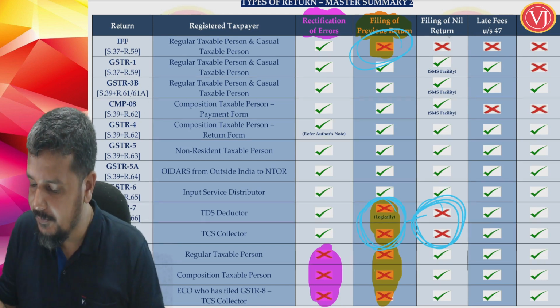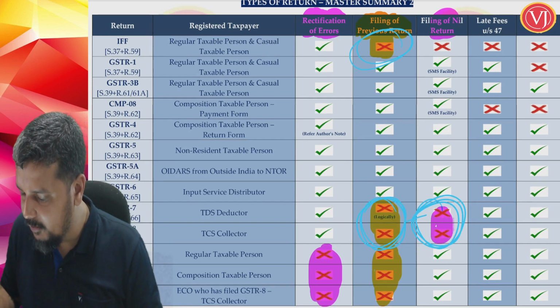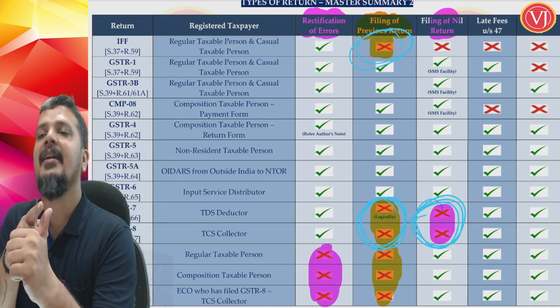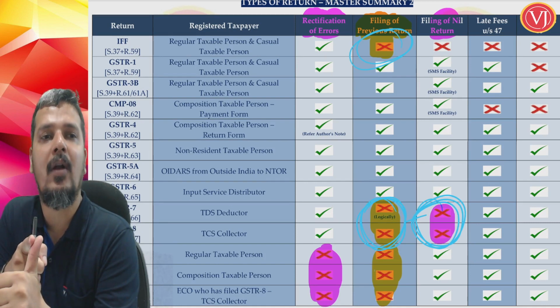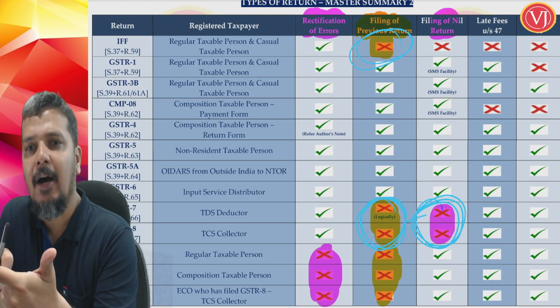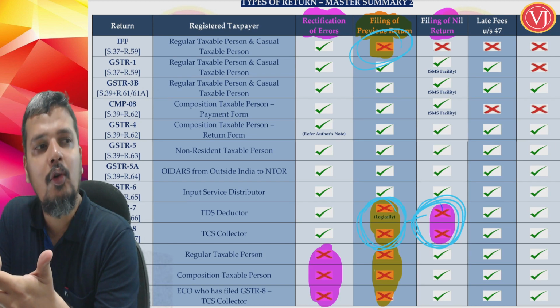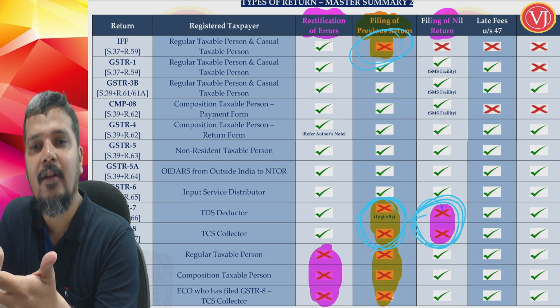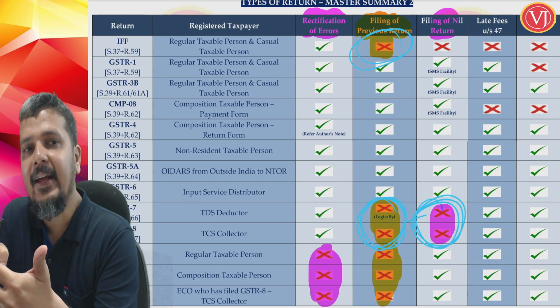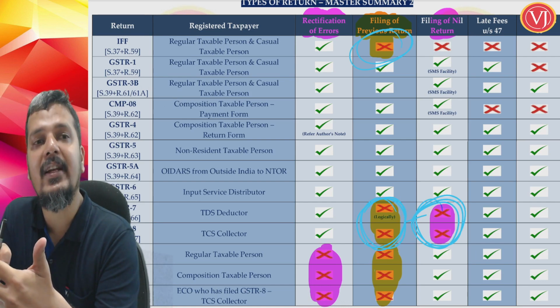Coming to the next question, if they are nil returns, you are not required to file them. There may be transactions in April month, and the government would have filed TDS. May month, nothing, so the government would have ignored May month. June month, some transactions, now the government is filing June month GSTR 7. It is not filing May month GSTR 7 because it is nil.